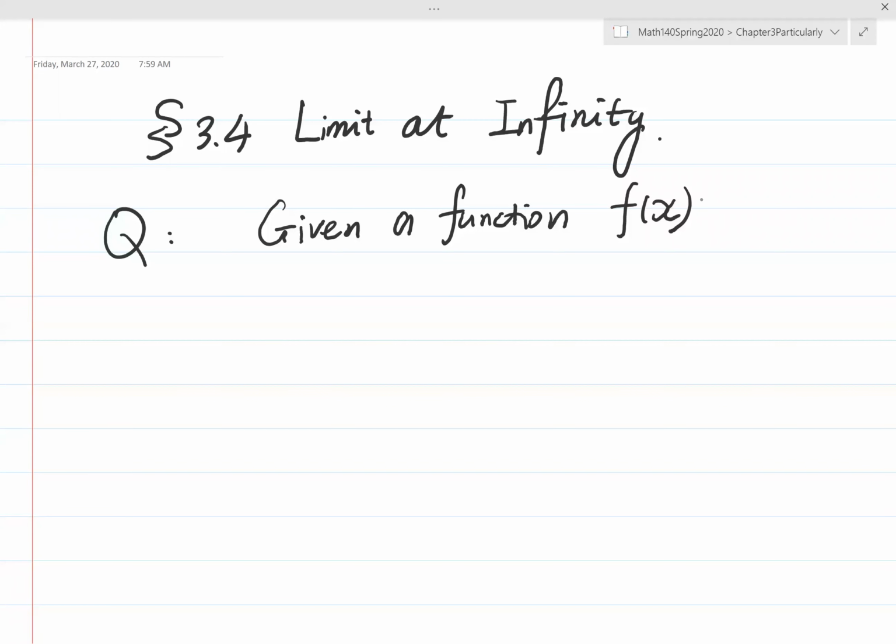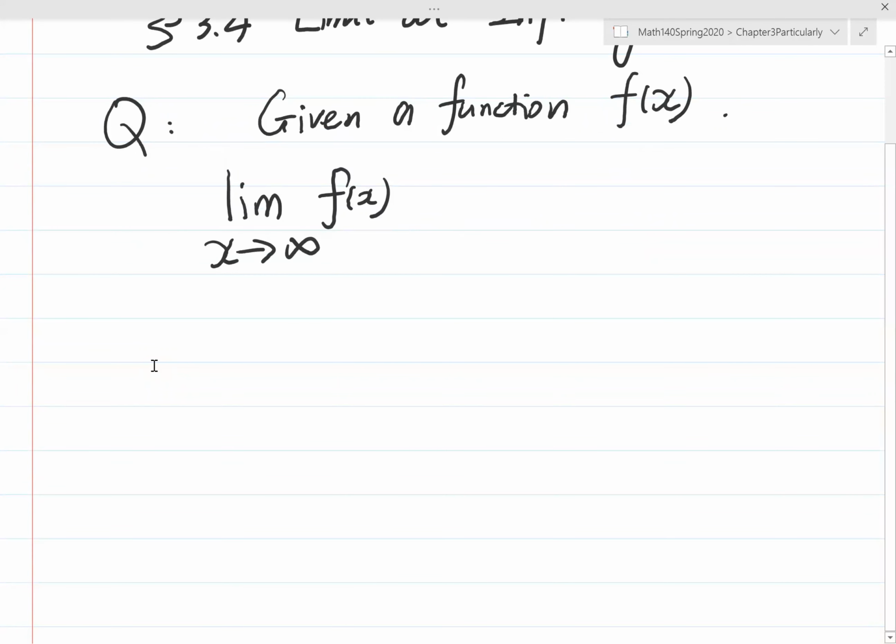What happens to the function value if the x value can be arbitrarily large? Do we find that the limit as x approaches infinity of f(x) exists or not? I.e., the behavior of the function when the input x can be arbitrarily large.